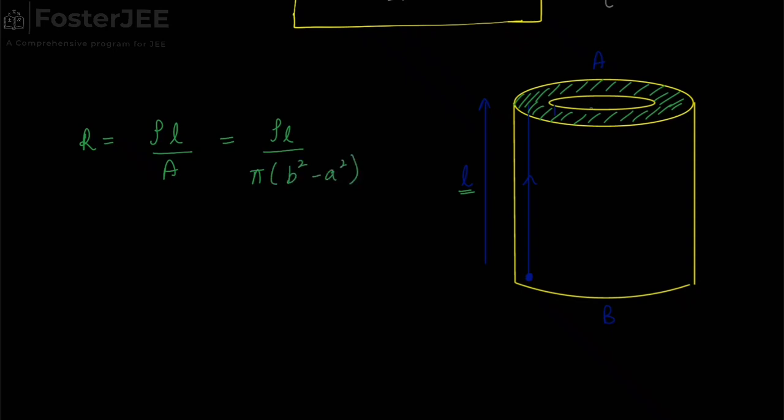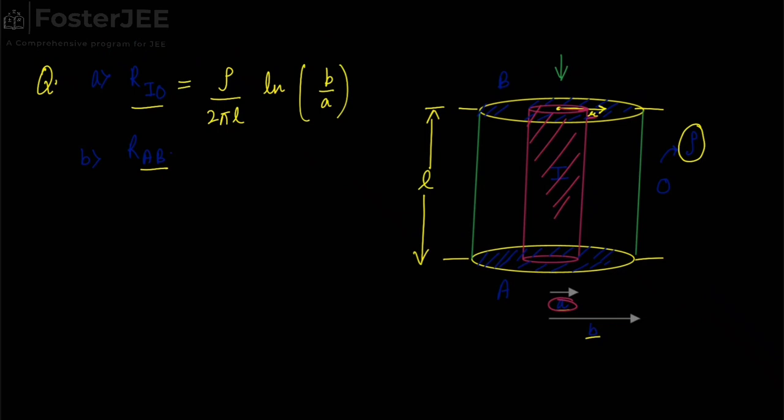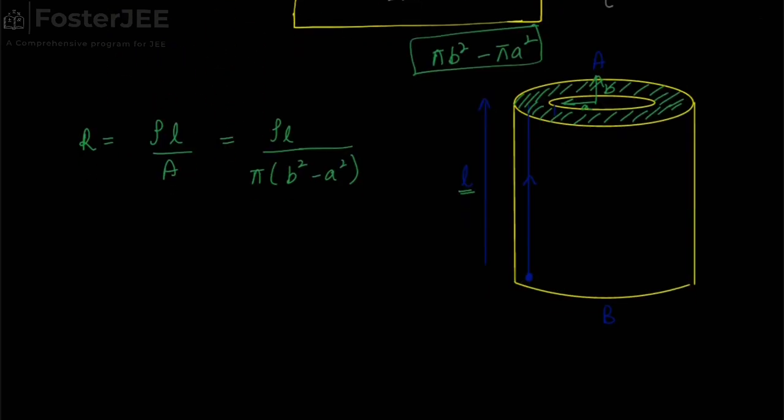Because the area of the outer cylinder, that is of radius B, is pi B square, and the area of inner cylinder of radius A is pi A square. So we will subtract both of these to get the net area. So we will write RAB is equal to rho L upon pi B square minus A square.